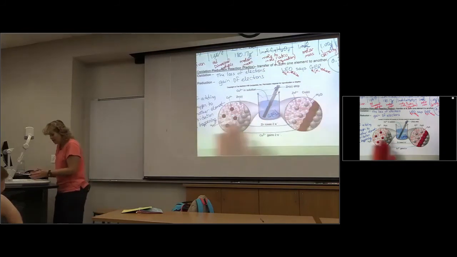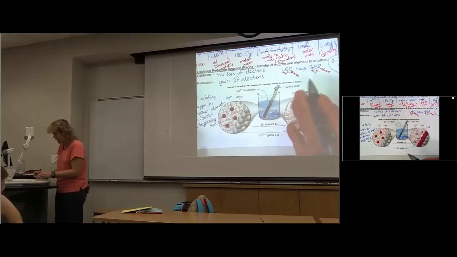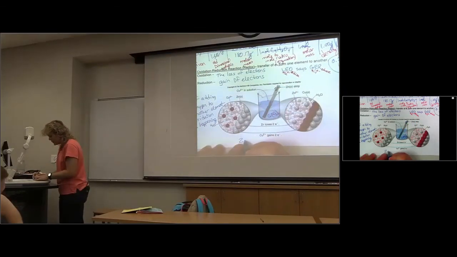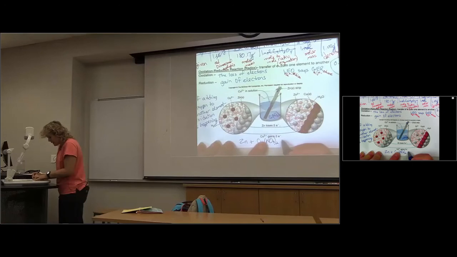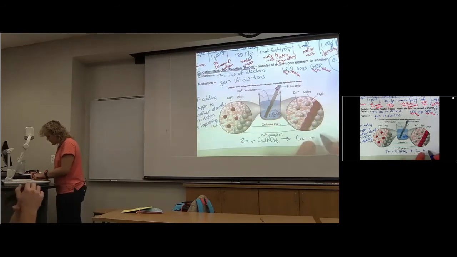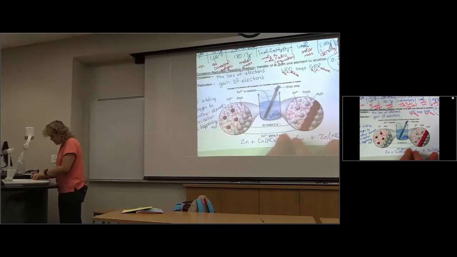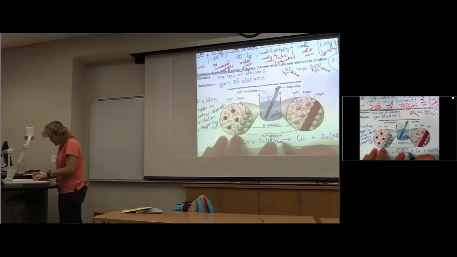There's an oxidation-reduction reaction going on right now. This is the reaction: zinc plus copper 2 nitrate yields copper plus zinc nitrate. This is an aqueous solution, and this is an aqueous solution.